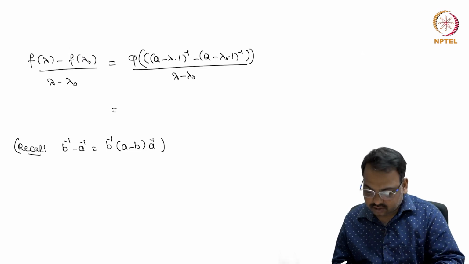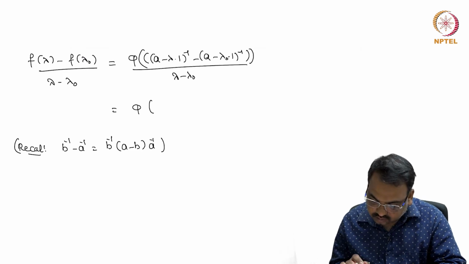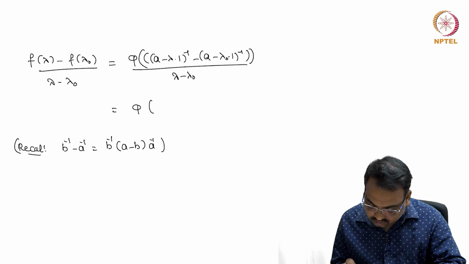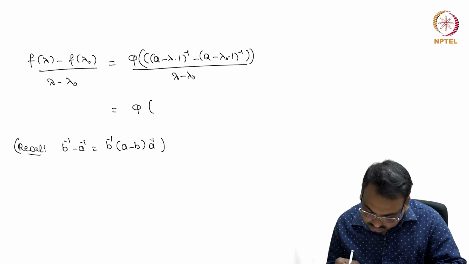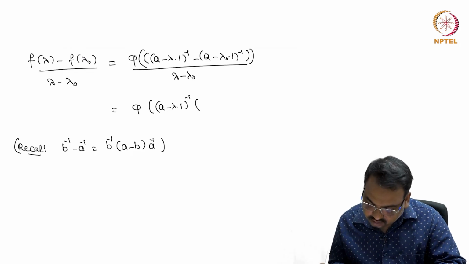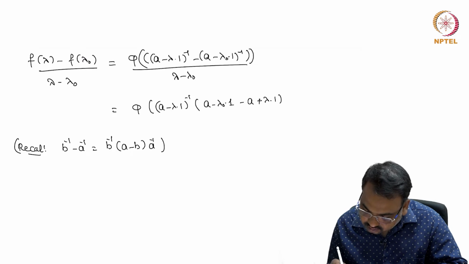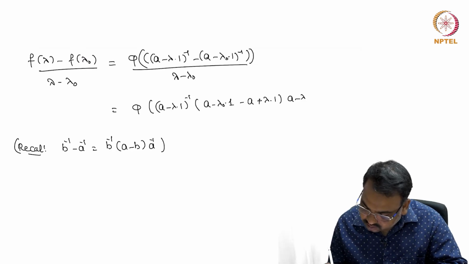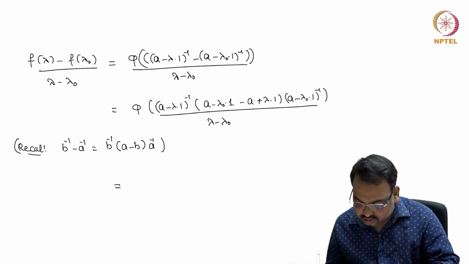Now if you use this formula, we will get phi of, where you replace B by A minus lambda 1 and A by A minus lambda naught 1, (A minus lambda 1) inverse, so A minus lambda naught 1 minus A plus lambda 1, multiplied by (A minus lambda naught 1) whole inverse, divided by lambda minus lambda naught.